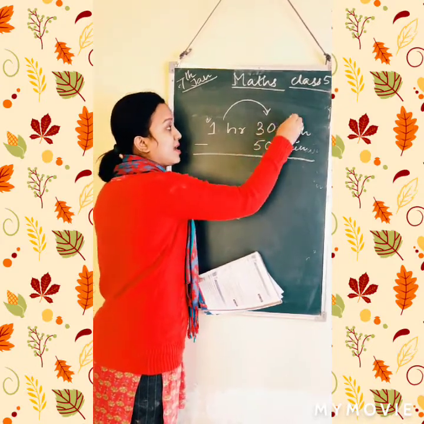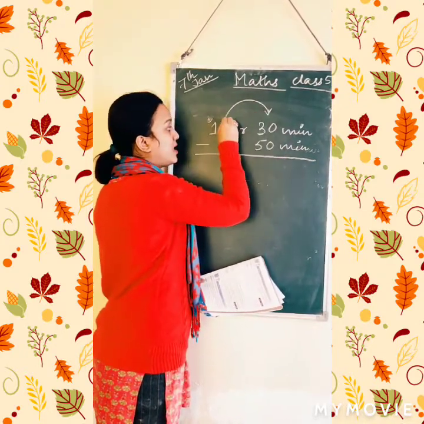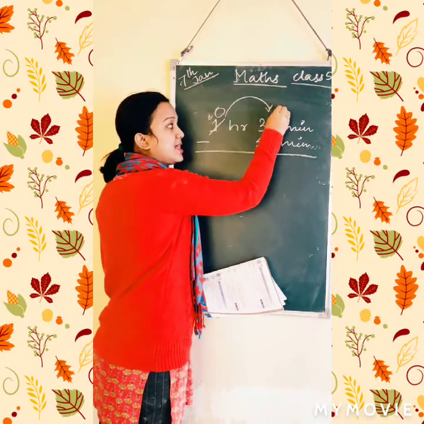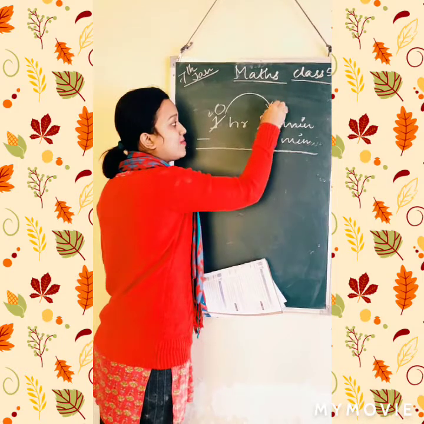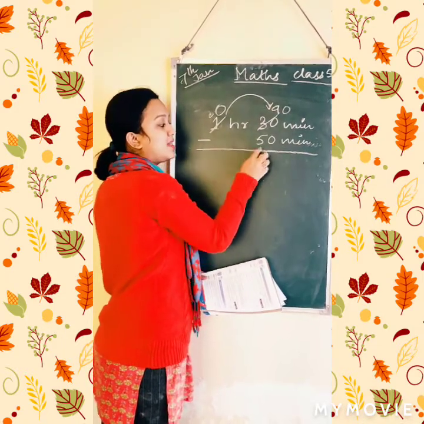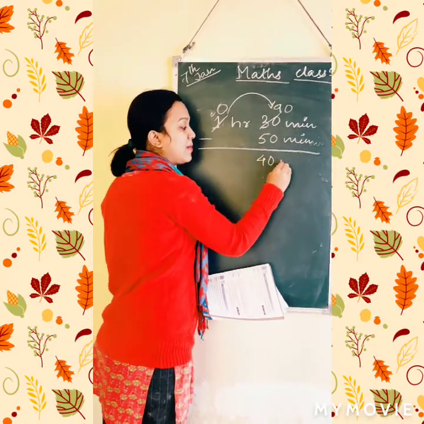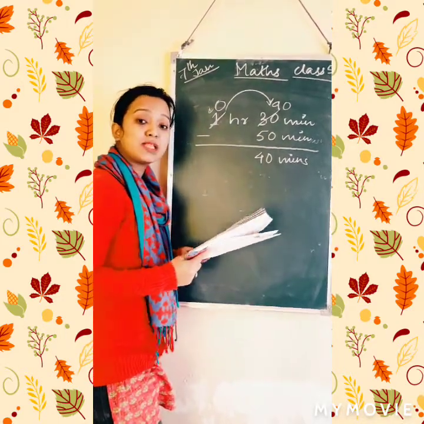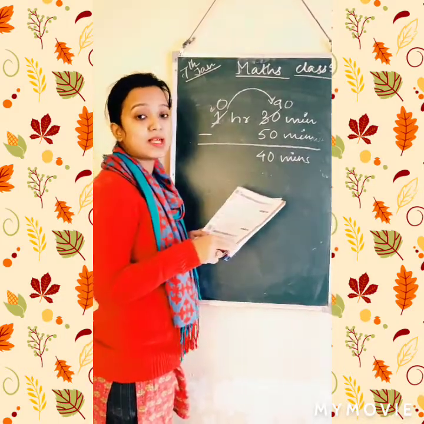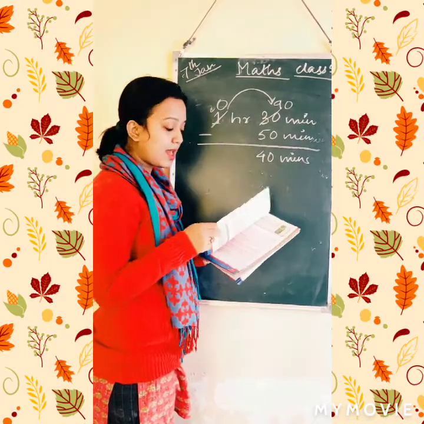So if I take this 1 hour here, this becomes 0, and this 1 hour is nothing but 60 minutes. 60 plus 30 becomes 90. So 90 minus 50 is nothing but 40 minutes. So that means Mr. Roy spends 40 minutes more than Mr. Pawan in his garden. Okay.